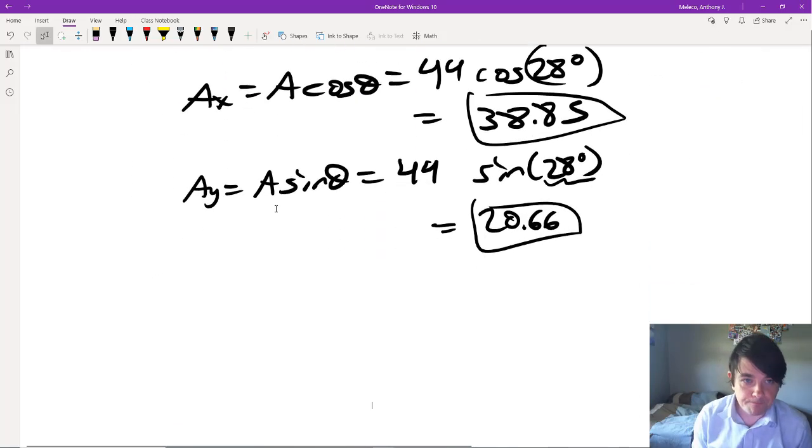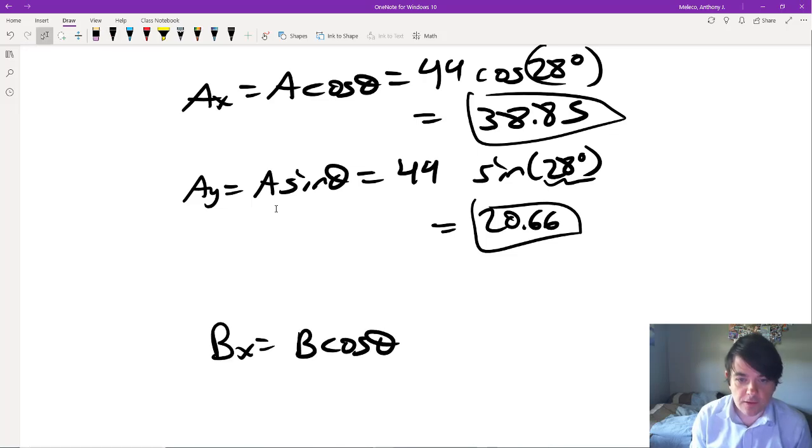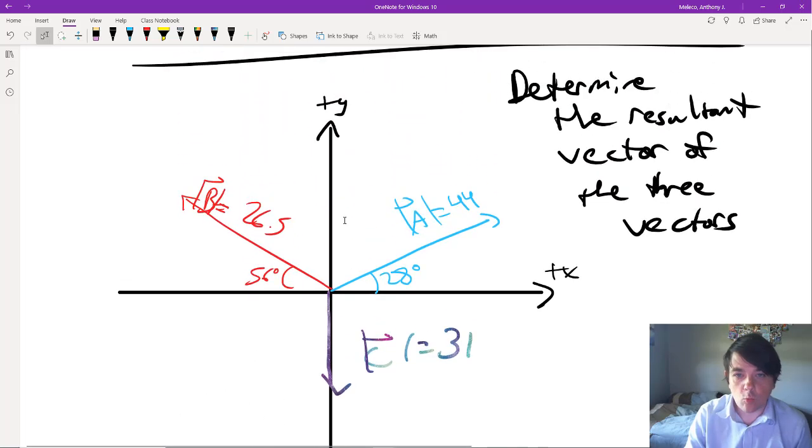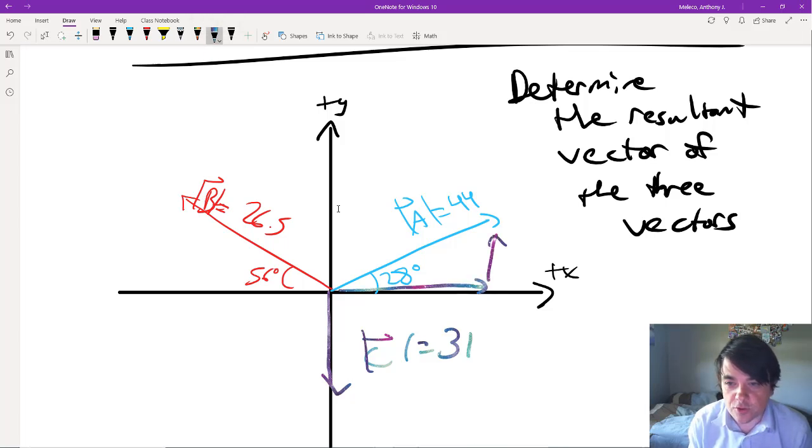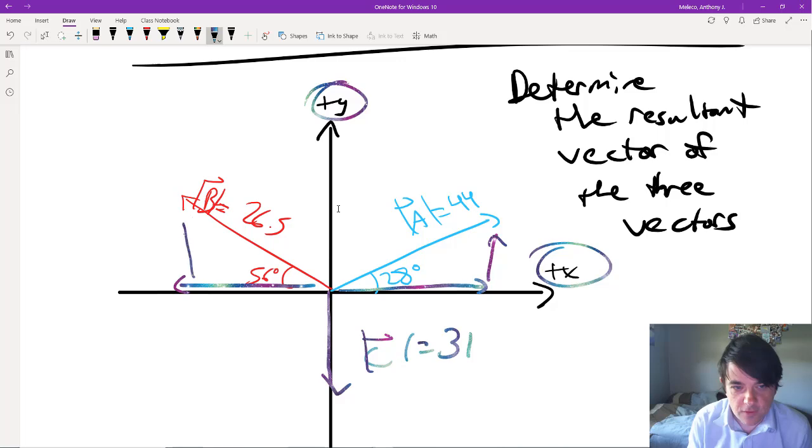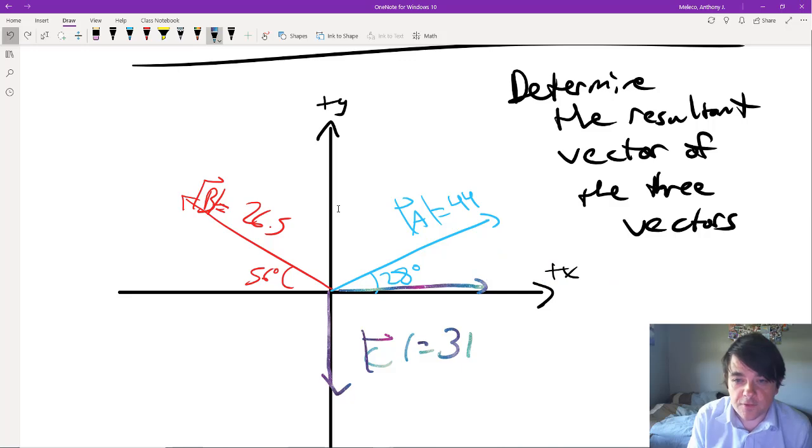Let's do b. So bx equals b cosine theta. Now, one thing you may have noticed, and you may be screaming at me, what are you doing? These components pointed right and up, which are both positive. But this one points left and up, which means the x component of b should be negative. And so what we can actually do, there's two ways you can do this.